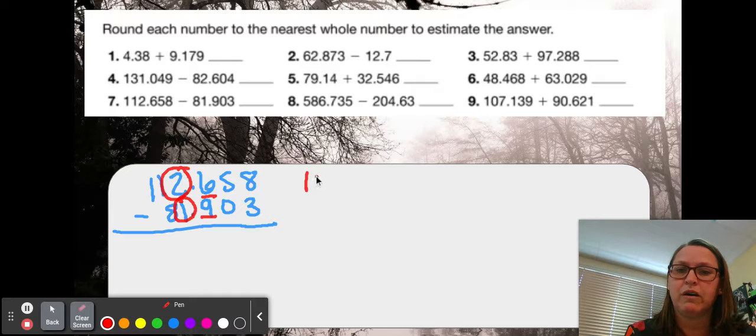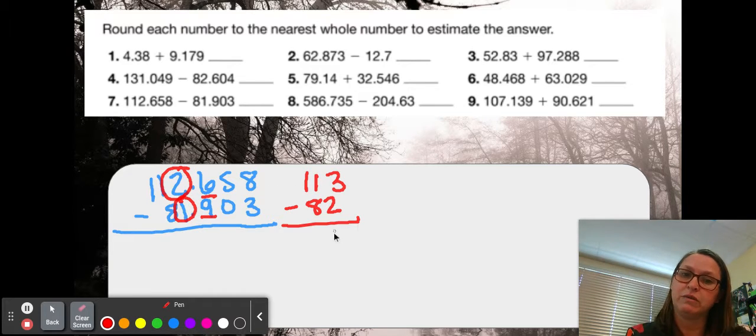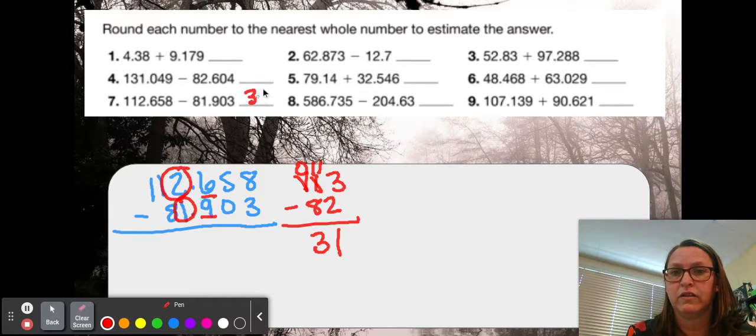So my 112 will become 113, and 9 is also more than 5. So my 81 will become an 82. Now I'm subtracting. 3 minus 2 is 1. I have to borrow. 11 minus 8 is 3. So my answer for 7 will be 31.